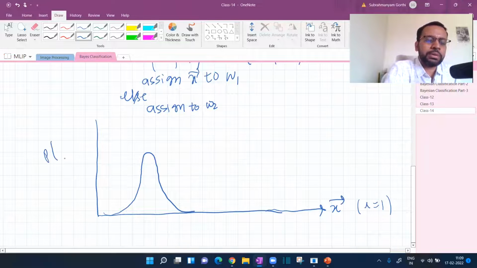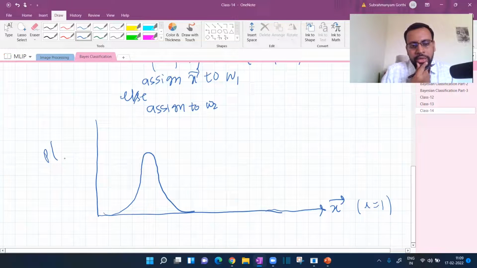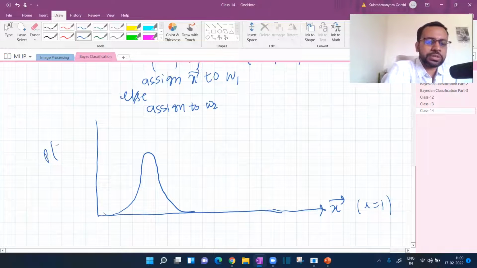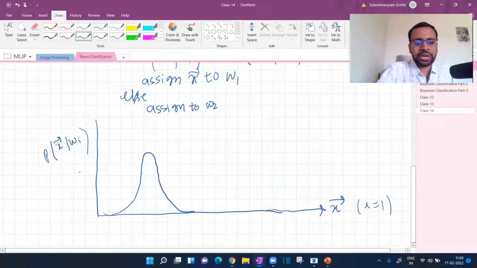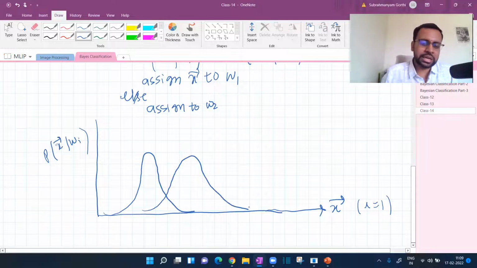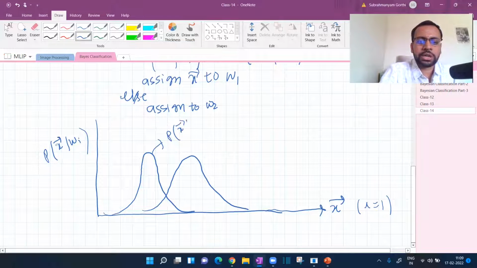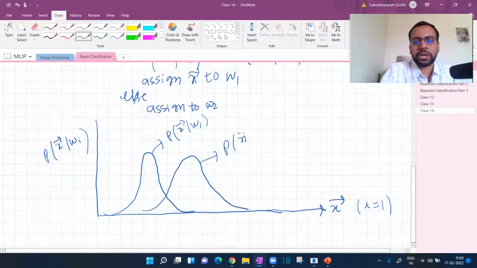Here I am plotting my likelihood function, which is probability of x bar given omega I. There are two classes, one being this and the other this: probability of x bar given omega 1 and probability of x bar given omega 2.